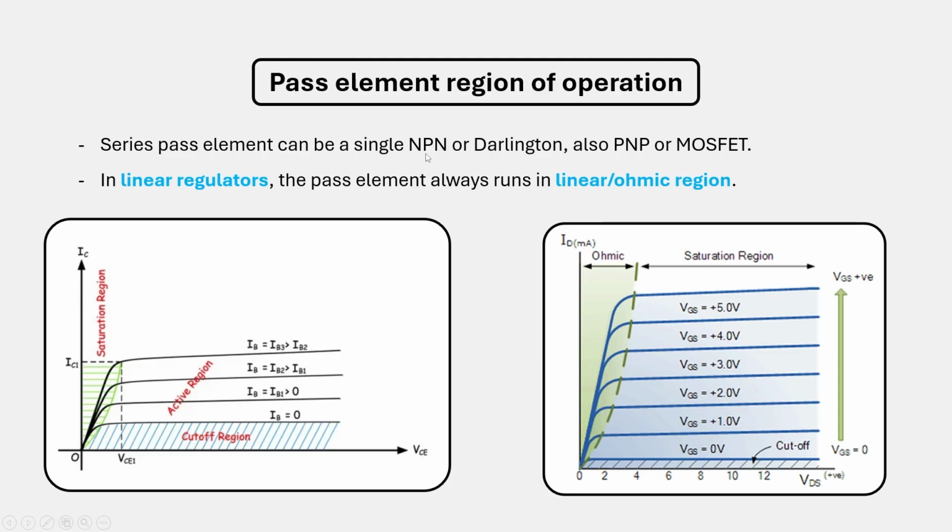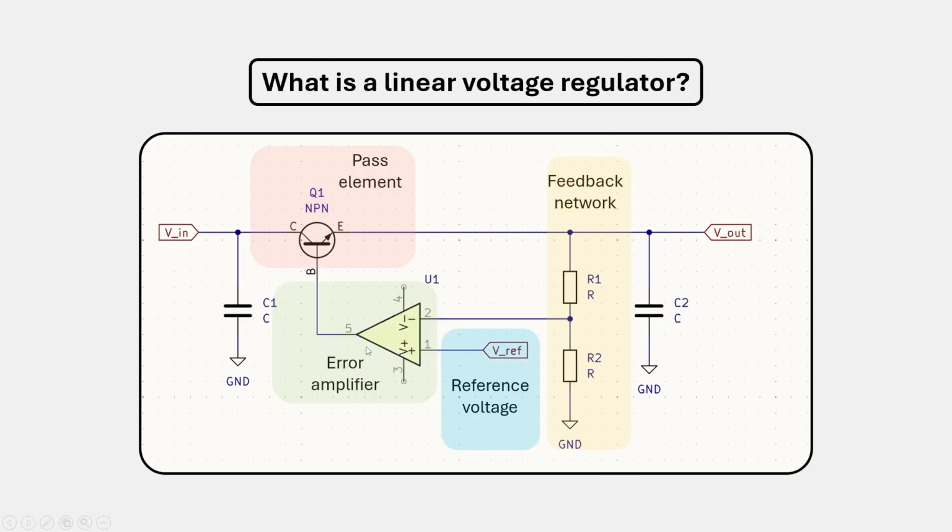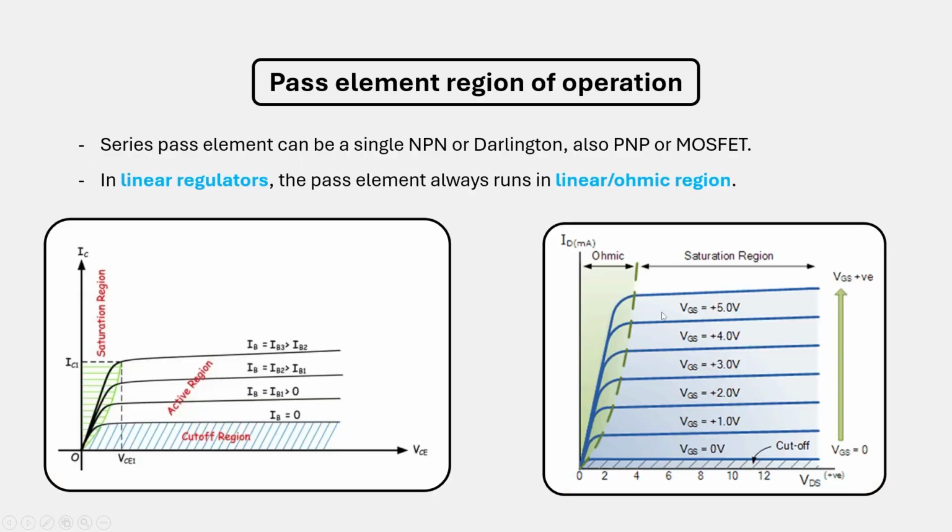Basically, if it is an NPN or a Darlington or something, or a MOSFET like this right side figure, this is gonna be the linear region that it's working in. So this error amplifier will output voltages to the gate of the transistor or similar, which revolve around these particular values right here, based on, of course, the output voltage. And that's the basic reasoning behind naming it a linear regulator.